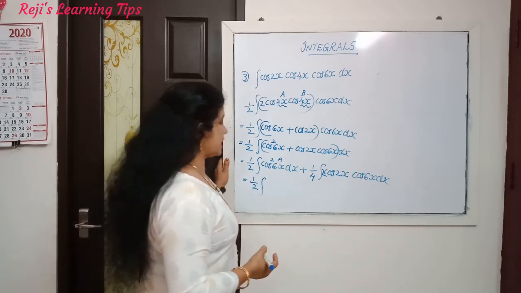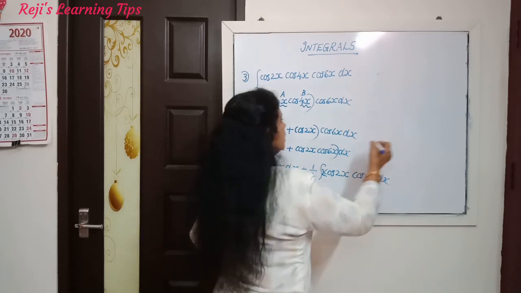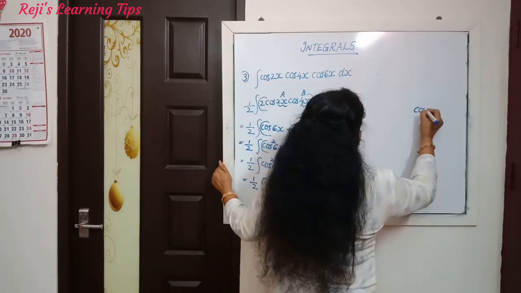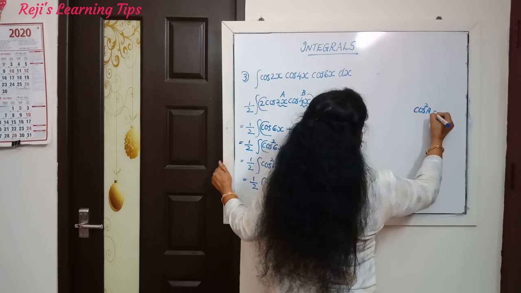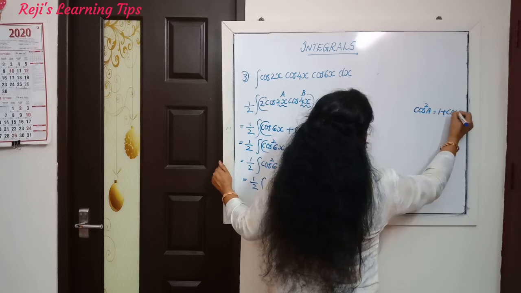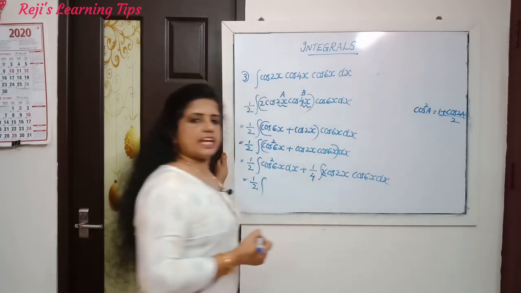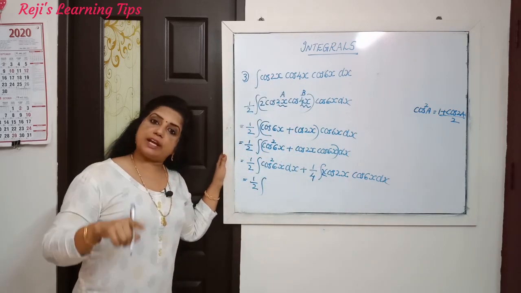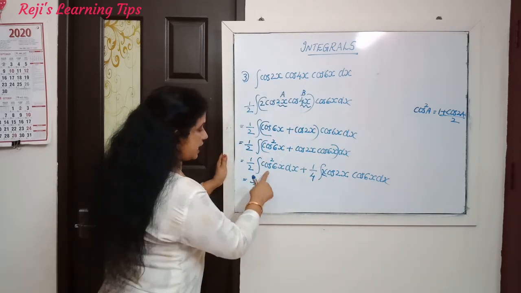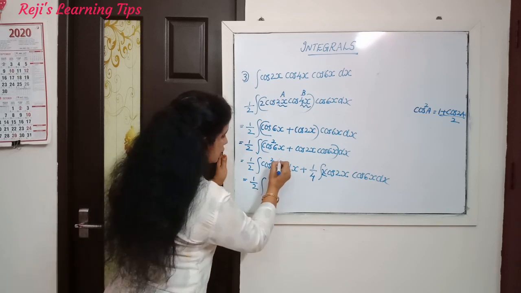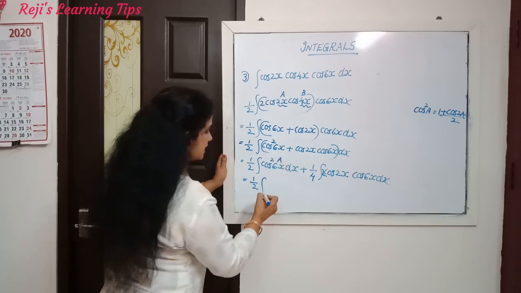Cos square 6x dx, we should use the formula cos square A is equal to 1 plus cos 2A by 2. Understood? We can apply that identity here. So instead of A, we write 6x.